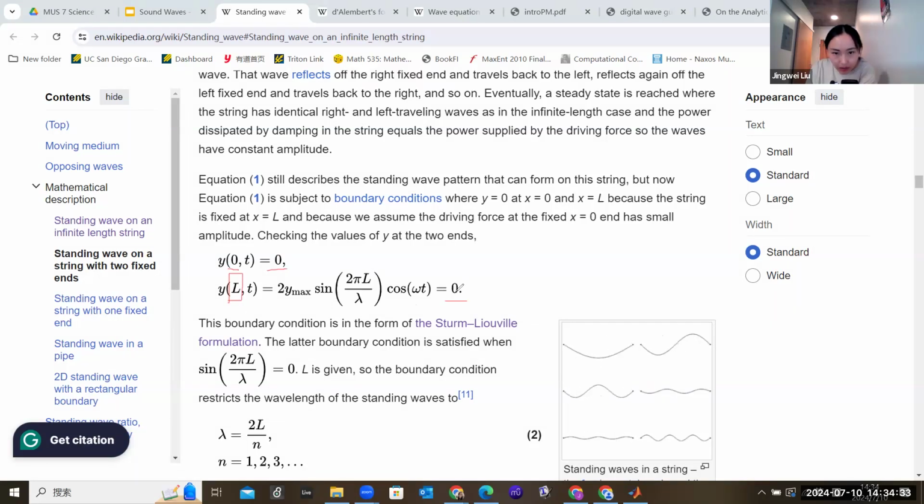The condition is that this term equals 0 forever, and then we have this. I just did the derivation: lambda equals 2L over n, and n can be any integer.